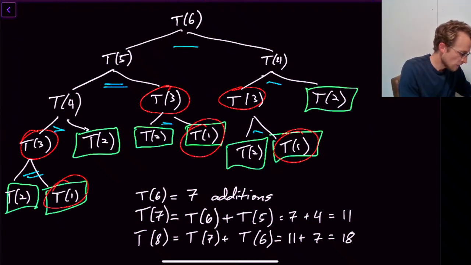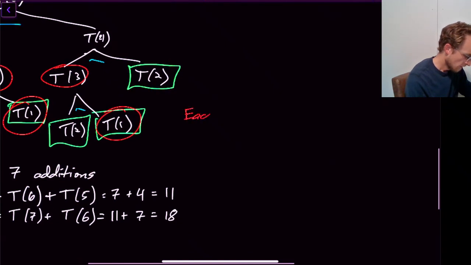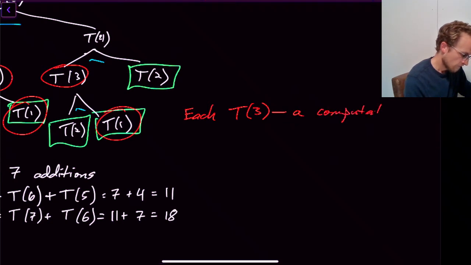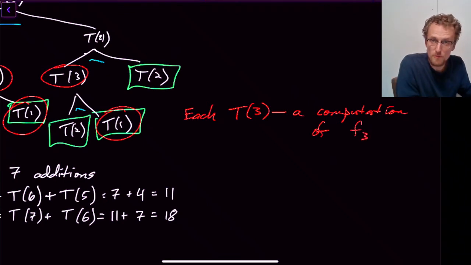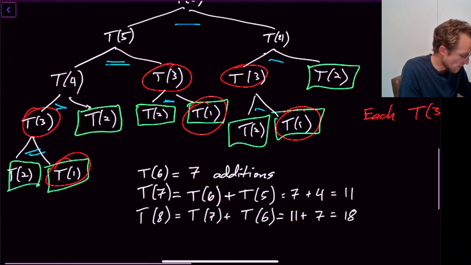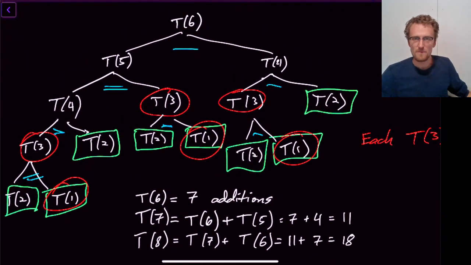Okay, so each T of 3 is a computation of F3, right? Which we do 3 times. So is there any reason to compute F3 3 times?